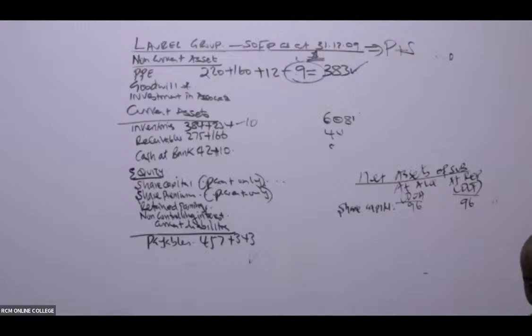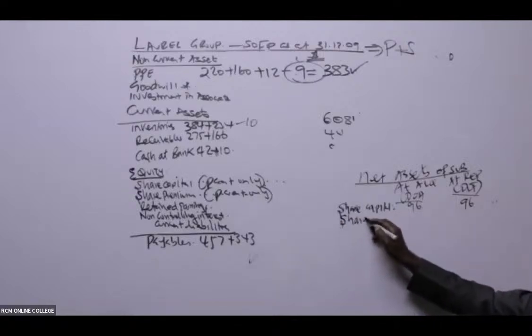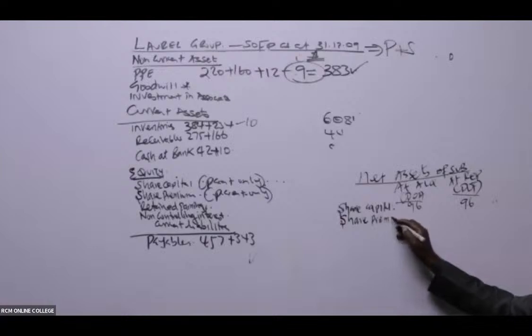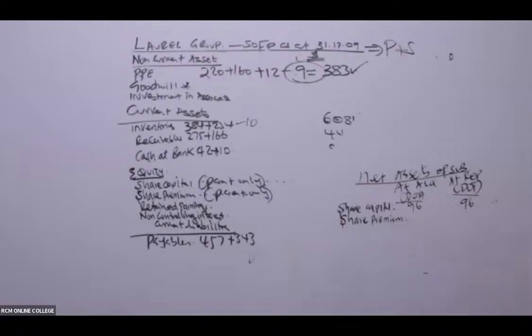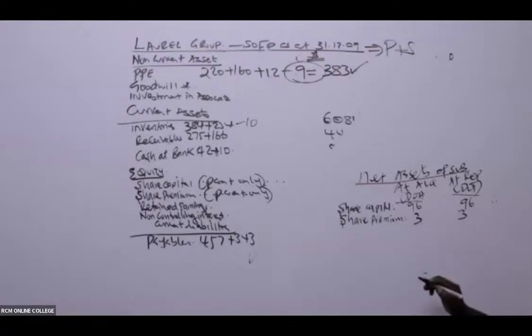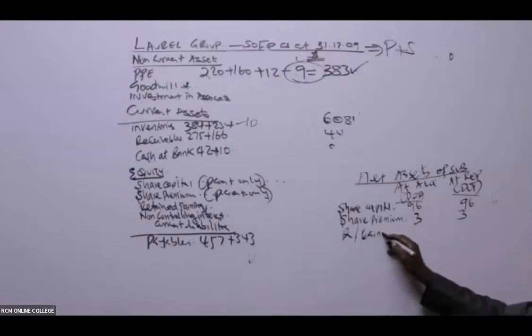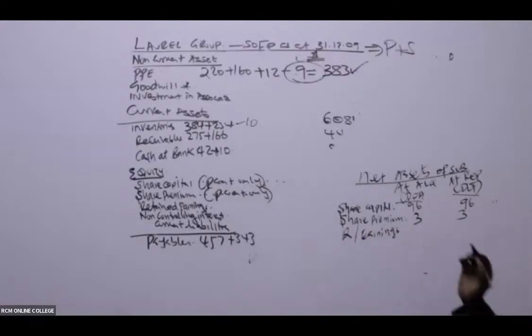Then we have share premium. Because it's also an equity component, it is 3, no change. Then we have retained earnings. At acquisition, we wrote retained earnings at acquisition.